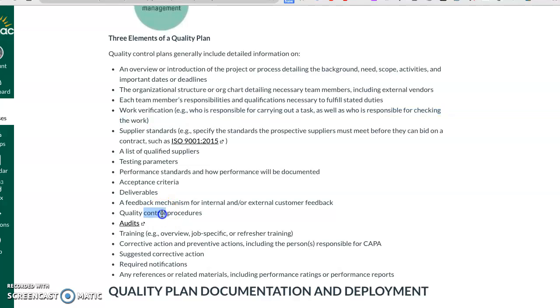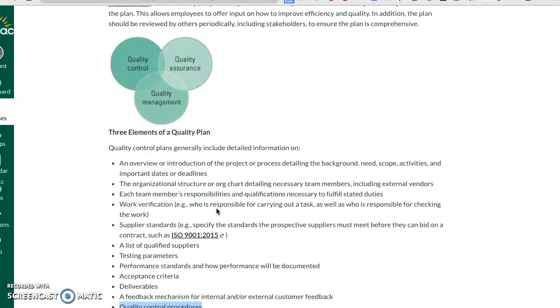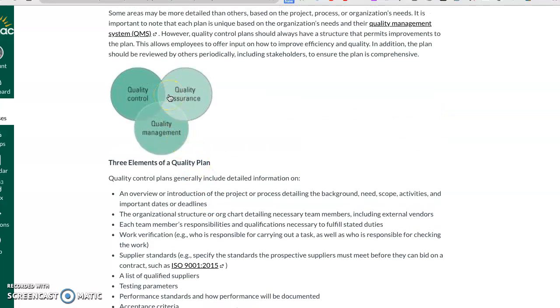What about quality control? So there is a specific difference between quality assurance and quality control. So in the world of quality management, quality assurance is making sure that the process that we're using is going to end up with a quality product.